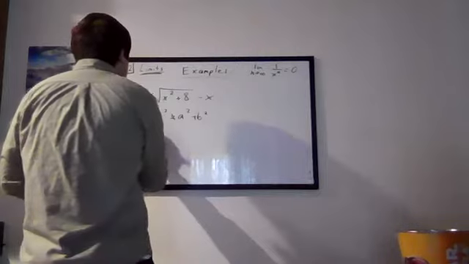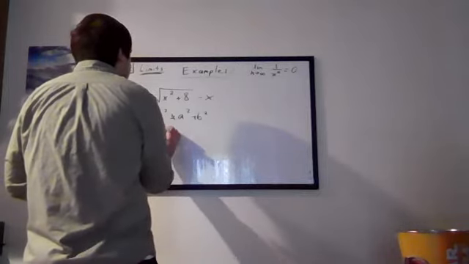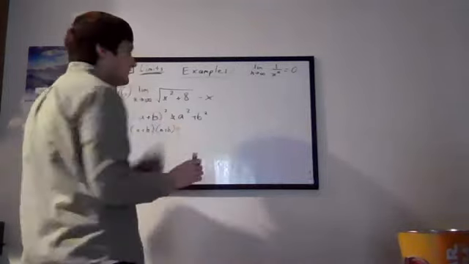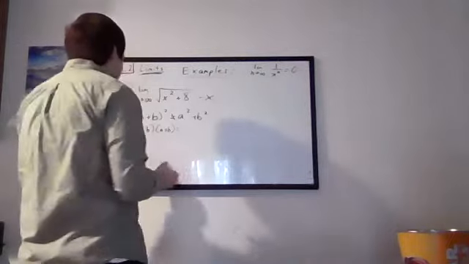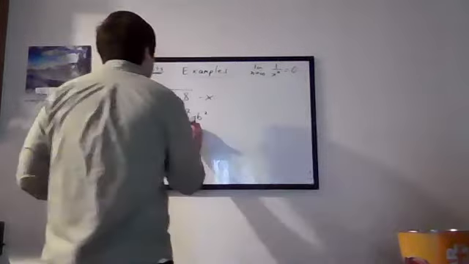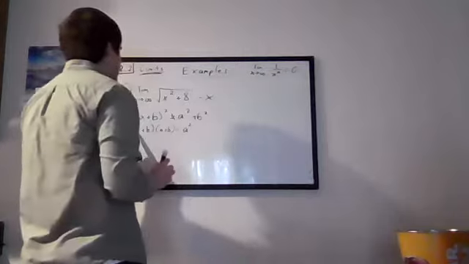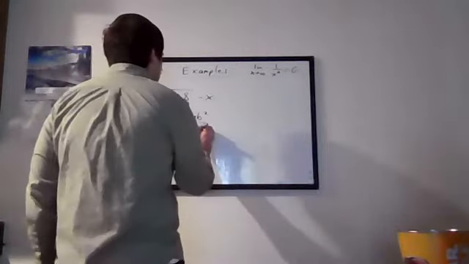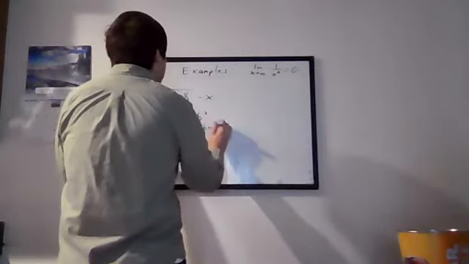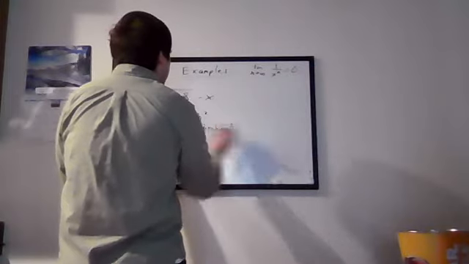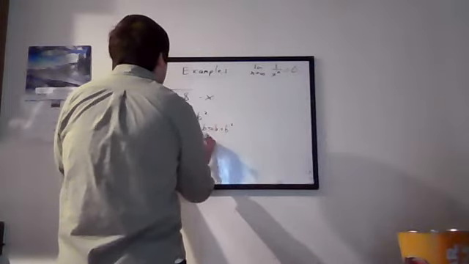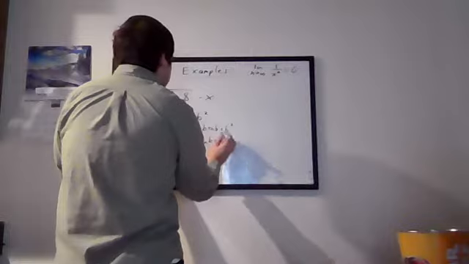This is the same thing as a plus b times a plus b, which when we FOIL, as we saw earlier with other factoring examples, we're going to have a squared plus ab plus ab plus b squared, which is going to give us a squared plus 2ab plus b squared, right?